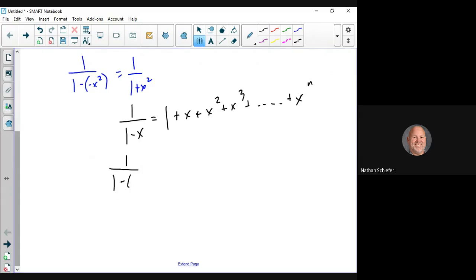I'm going to actually write it that way. Equals, and if I put that in place of the x over there, what do you think I have to put in place of the x here? Great, so let's do that. 1 plus a negative x squared plus a negative x squared squared plus a negative x squared cubed plus dot, dot, dot. And I put a negative x squared in place of the x there.